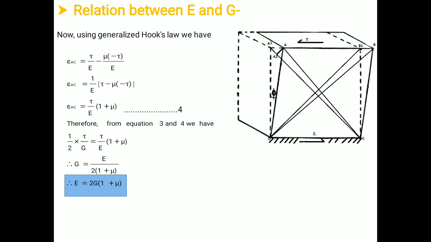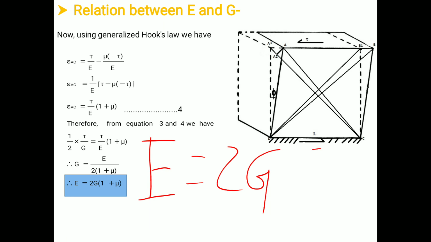Therefore, after rearranging and solving for E or G, we have G equal to E upon 2 into 1 plus mu. Therefore, we have E equal to twice G into 1 plus mu. You have to remember this equation. This is the relation between E and G.